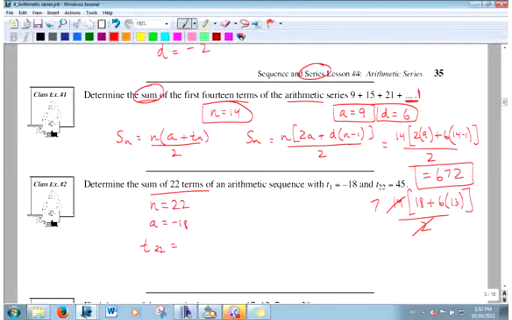Even if they didn't say there's 22 terms there, I hope you see that T22 means 22 terms. My 22nd term is 45.